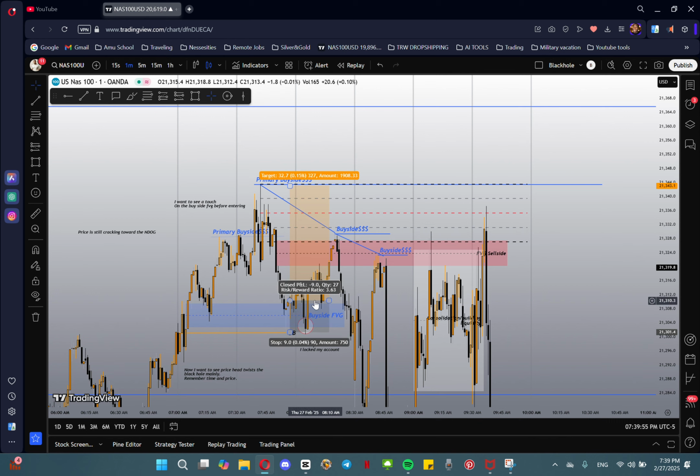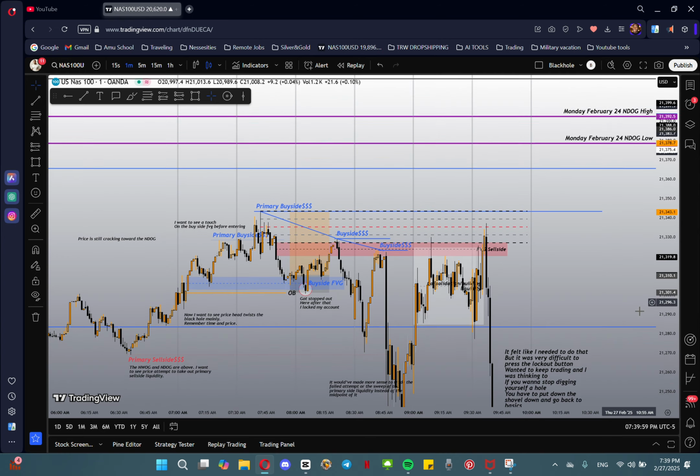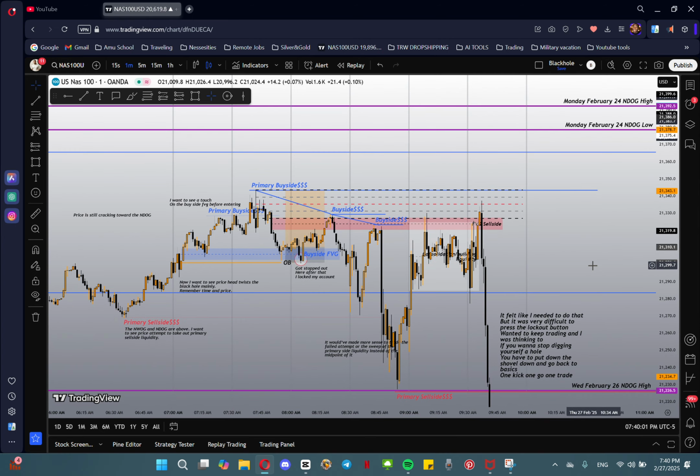But if you put one magnet farther than the other, most likely that piece of metal is going to go to whichever is closest. So even though it was kind of close here, we never did sweep out primary sell side liquidity here.